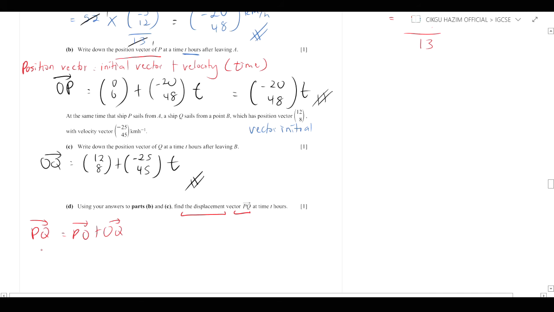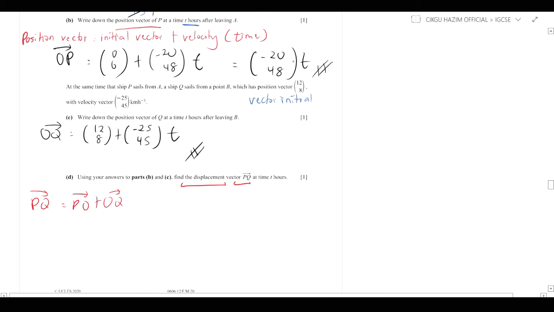We know OP. If OP is (-20, 48t), then PO is going to be the reverse, (-20, -48t). I believe you do understand that. And OQ is (12, 8) plus (-25, 45t).